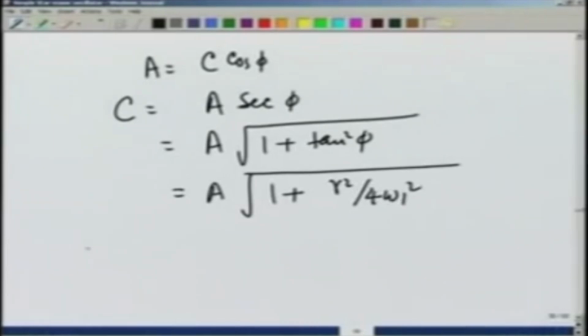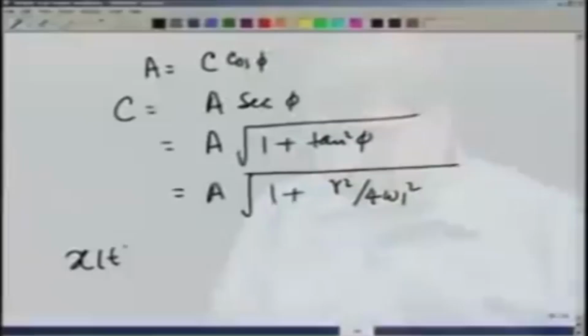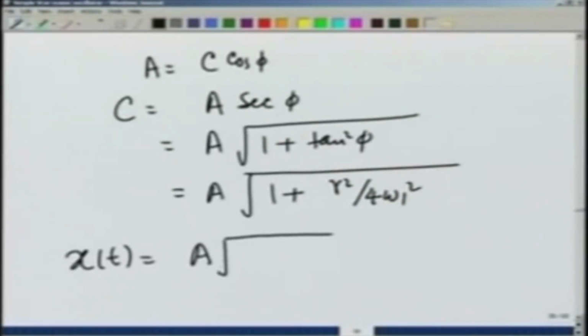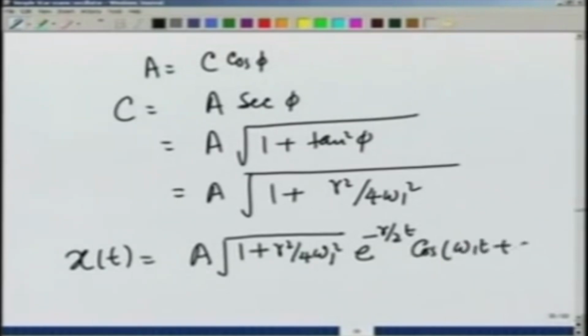So, the motion when I take the particle out and leave it is going to look like x t is equal to a, the distance up to which I pulled it out is a, square root of 1 plus gamma square over 4 omega 1 square, e raised to minus gamma over 2 t cosine of omega 1 t plus phi, with tangent phi being minus gamma over 2 omega 1.